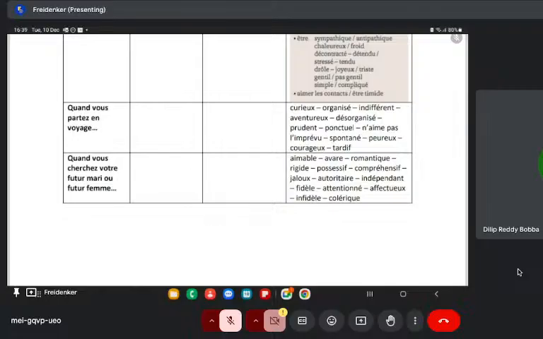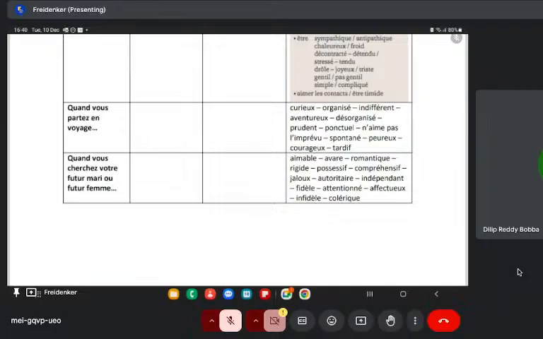N'aime pas l'imprévu, doesn't like the unknown, essentially. Spontané is to be spontaneous. Peureux, I told you, afraid. Courageux is courageous. Tardif means to be late. Usually you're very late, always late. So il est tardif means he's not punctual, he's a late comer.